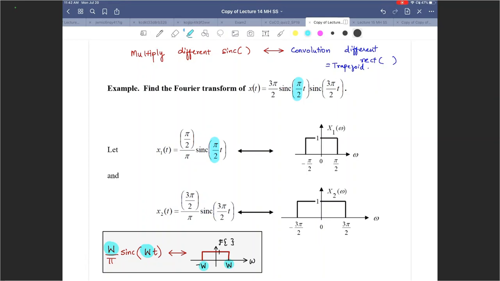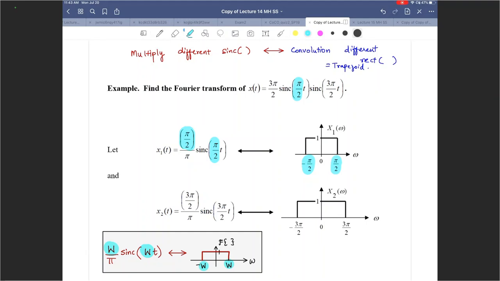This means I need to manipulate the numerator to be pi over 2t, which will allow me to write its Fourier transform using the reference result as 1 between plus and minus pi over 2. So I'm introducing a new signal x1 of t as this.